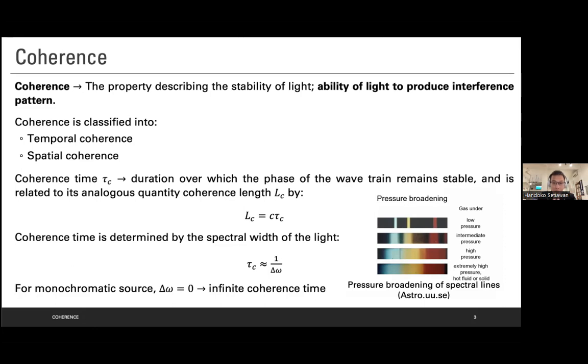So as the broadening becomes smaller, tau c gets bigger, and as delta omega goes to 0, tau c goes to infinity, which means the idealized condition of light is infinitely coherent, or has infinite coherence time. Regarding the medium itself, it should only affect perhaps the microscopic aspects, which we'd need further studies to learn about, and it basically only affects tau c here. That's for the definition.